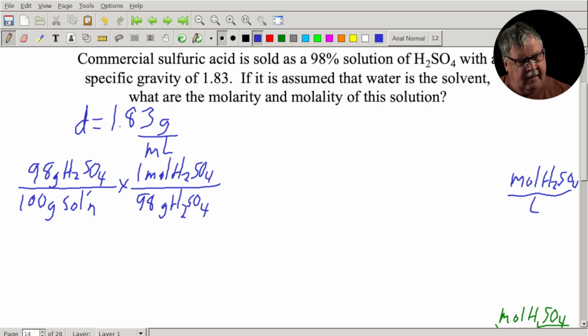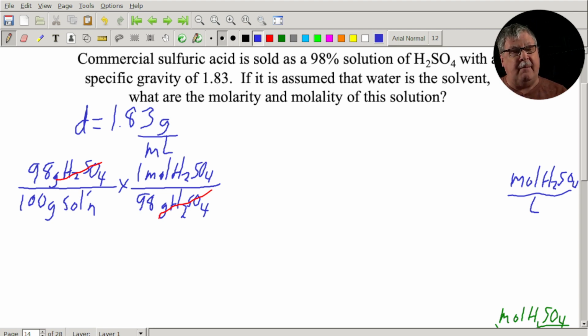All right, so basically what this tells us is that another way of thinking about this is if I have 100 grams of this stock solution of H2SO4, I've got 1 mole of H2SO4 in it. All right, so at this point, grams of H2SO4 have canceled. We could look at this solution in that way, but that's not our goal here.